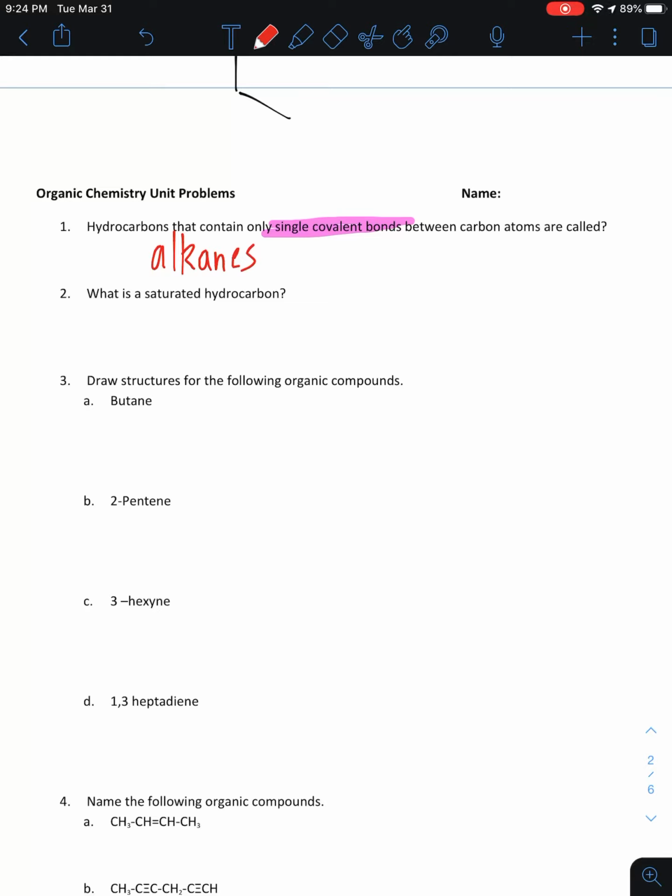What is a saturated hydrocarbon? This is one that I covered in class. If the hydrocarbon has the maximum number of hydrogens, then it's saturated. So an example would be like butane.